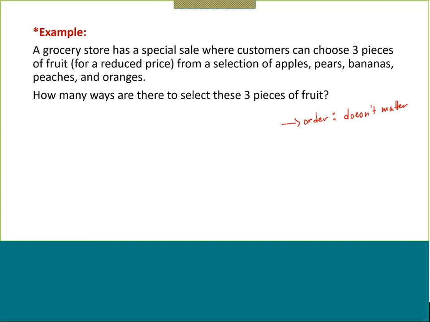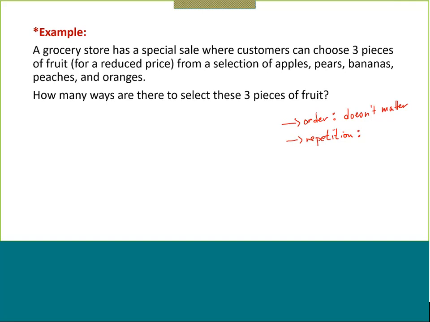According to the information that we're given, are we allowed repeats? In other words, could you select more than one of the same type of fruit here? If you saw that sign in a store, there's nothing on that sign that says you can't decide, for whatever reason, that you wanted 3 bananas that day.